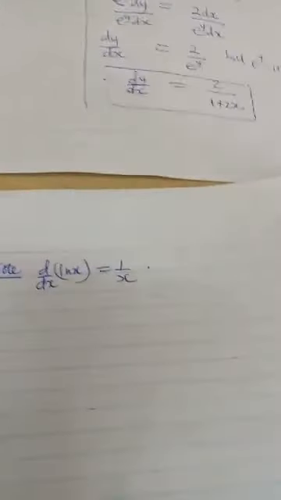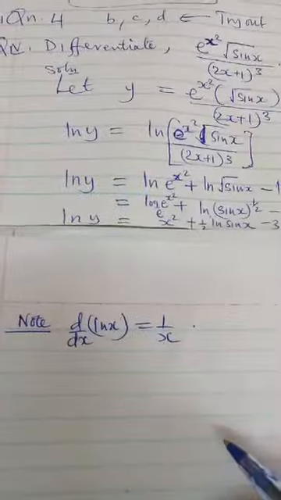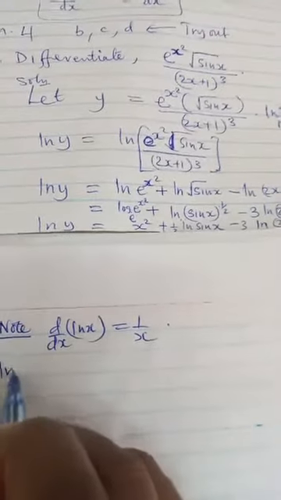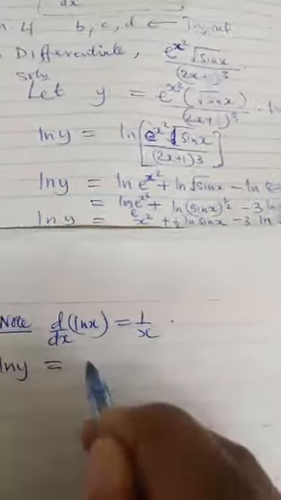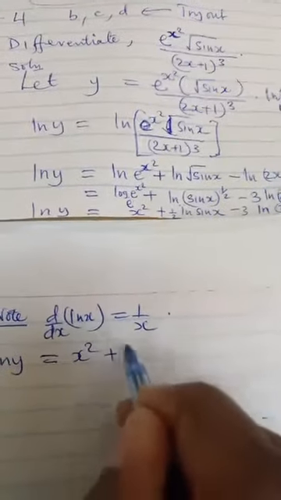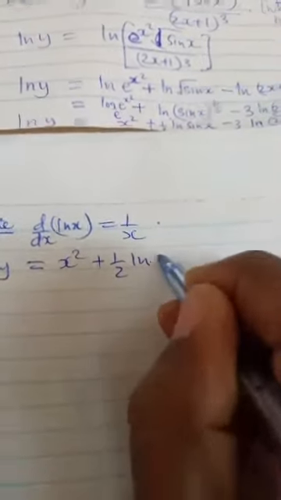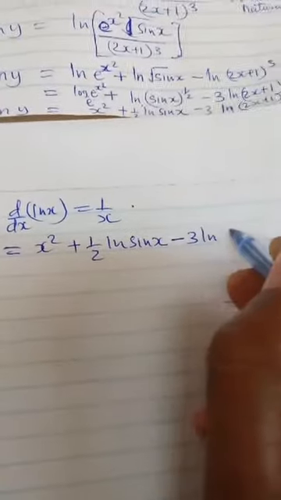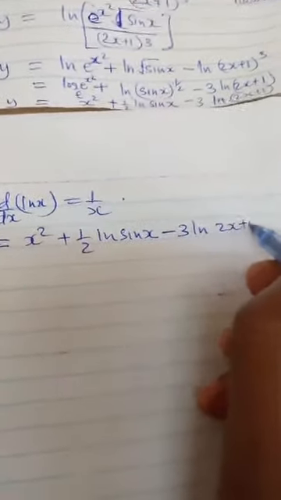So once we know that that is where we started, it implies that if I take the step we have and I want to differentiate, I now have ln of y equal to x squared plus a half ln of the sine of x minus 3 ln of 2x plus 1.